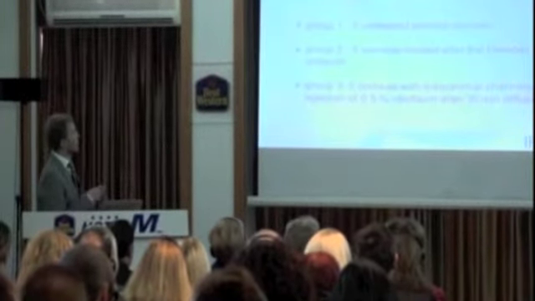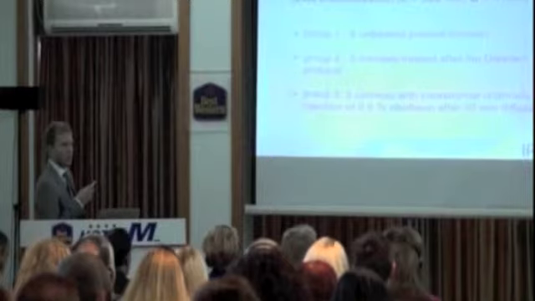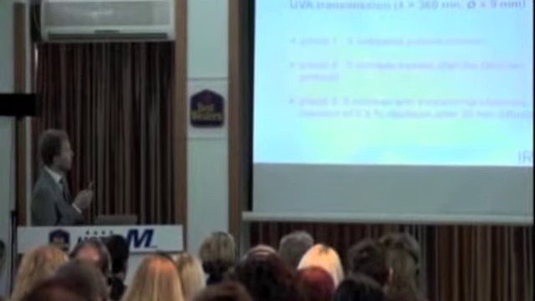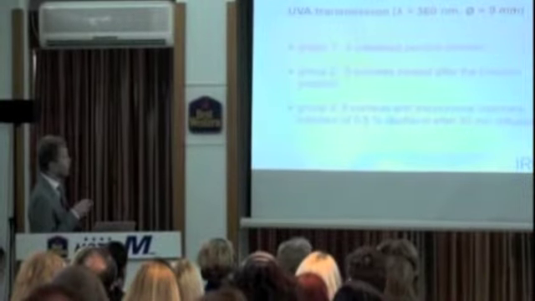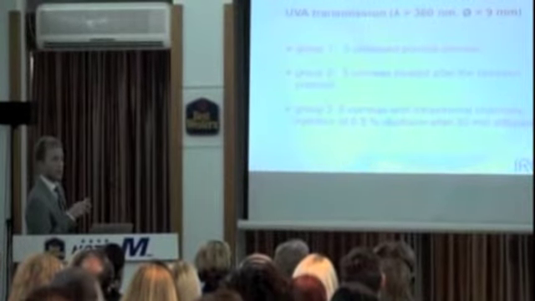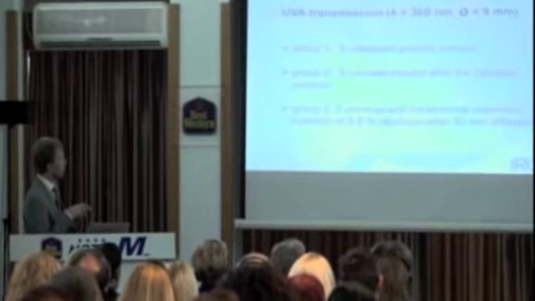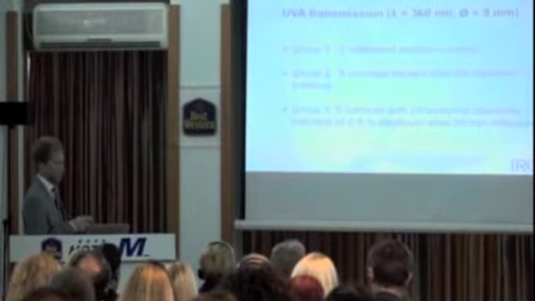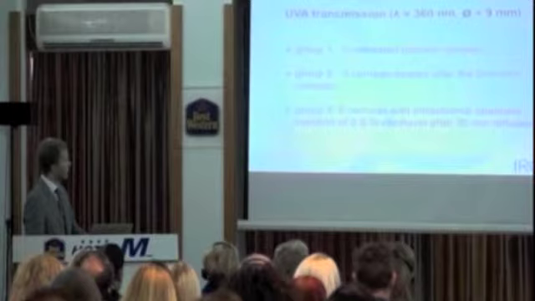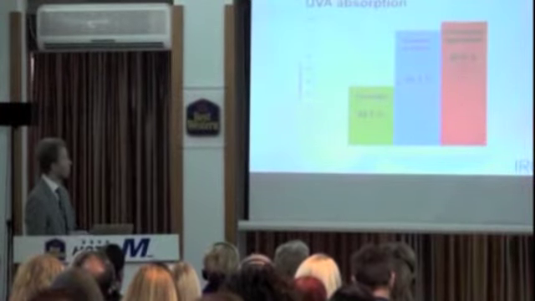Furthermore, we investigated the UVA transmission to prove the safety of this treatment. We compared 5 untreated corneas, 5 corneas treated after the Dresden protocol, which we know is safe, and 5 corneas with the intrastromal channels, the injection and the diffusion time.